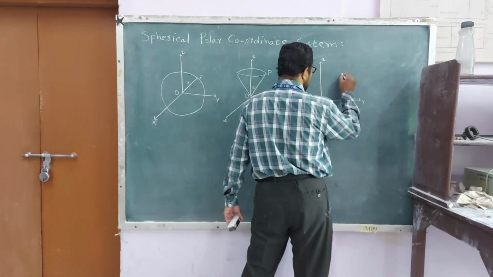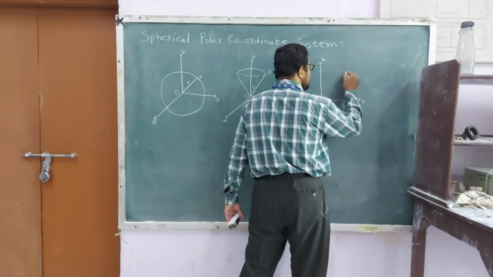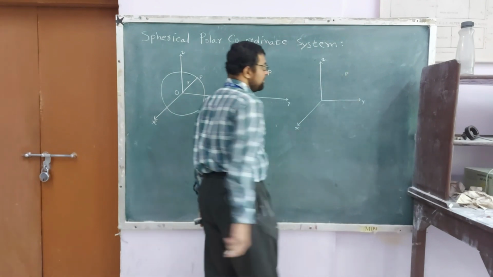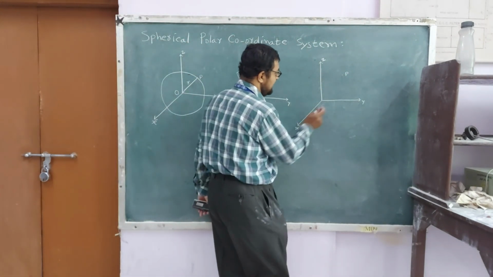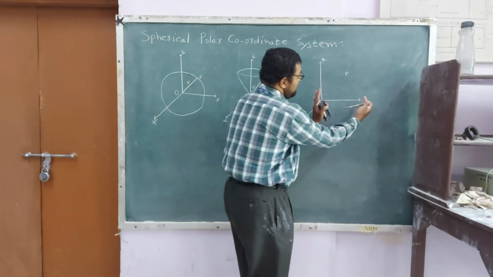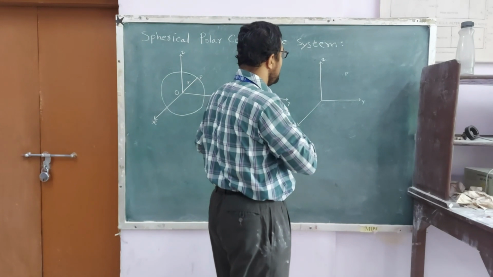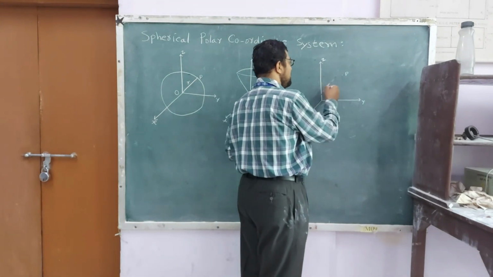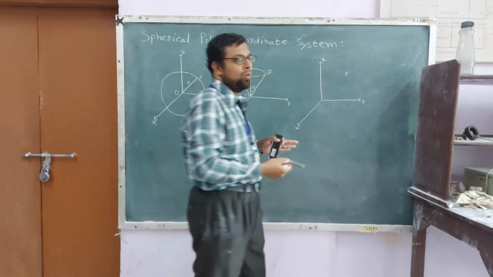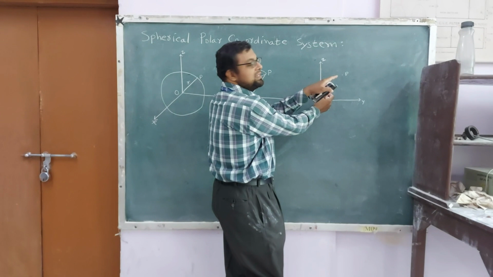And the point is somewhere here, I will consider to be somewhere here. This is point capital P. So I will draw a perpendicular. Remember, this x-axis is like this, okay, and therefore this xy plane will be like this. So I will draw a perpendicular from this point P. This point P may not be on the surface of the board. It may be like this. The point P may be here, if you can see.